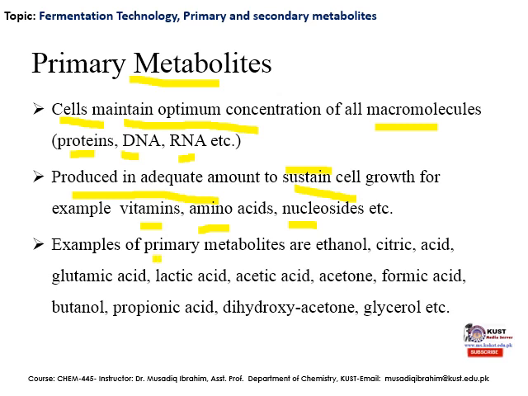Now the examples of primary metabolites also include ethanol, citric acid, glutamic acid, which is obviously an amino acid, lactic acid, which is a kind of a carbohydrate precursor, acetic acid, acetone for the formation of ketone bodies, formic acid, butanol, propionic acid, dihydroxyacetone, which is again responsible for the formation of ketone bodies, and glycerol, which is also an example for the fat molecules and other molecules.